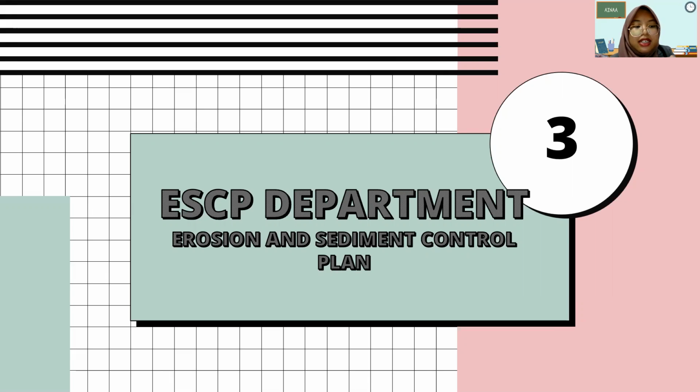Erosion is the detachment, entrainment, and transport of soil particles from ongoing development and construction areas. Sedimentation is the transportation and deposition process. This process will give an adverse effect on the water quality and build-up of sediment on the land surface. Hence, comprehensive and effective control is required to overcome the impact of erosion and sedimentation.